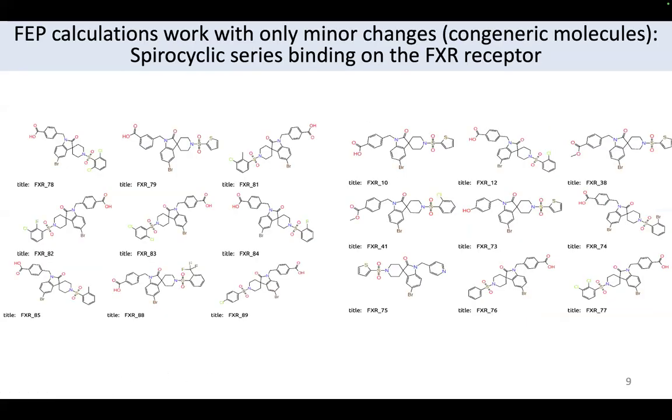So we applied this technique in a set of congeneric series. As mentioned, congeneric means analogs. These are spirocyclic compounds that bind on a receptor that is called the farnesoid X receptor. This was part of a blind affinity challenge where we actually didn't have the experimental data at hand.